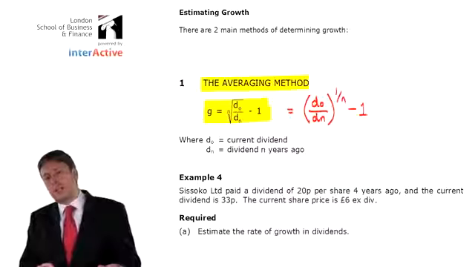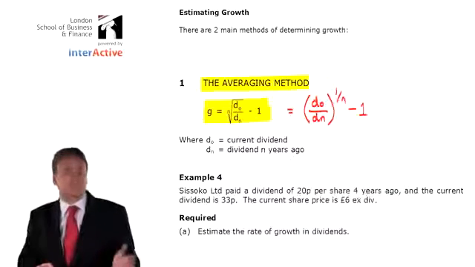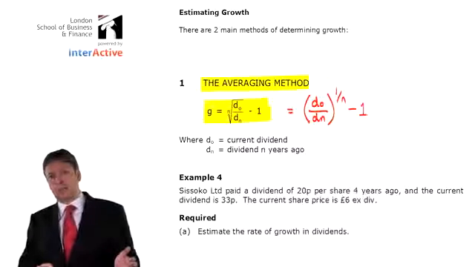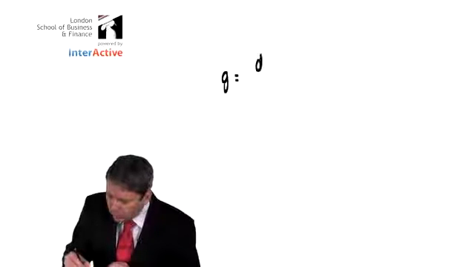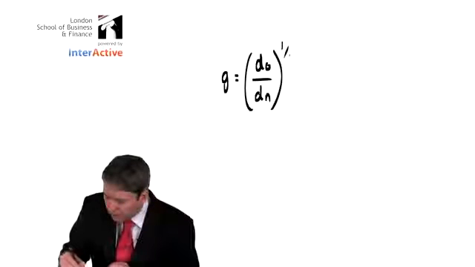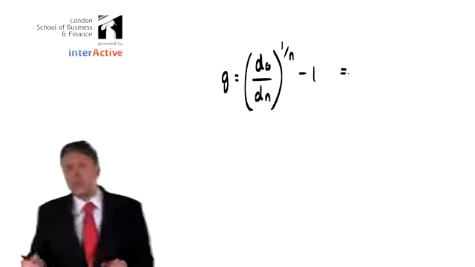Mathematically, it means the same thing. It's just simpler to put into our calculators. So let's take this very simple formula and shovel the numbers straight back in. We say g equals d0 over dn to the power 1 over n minus 1.